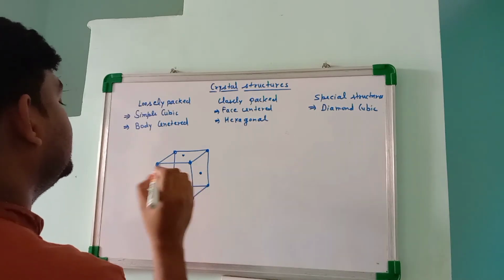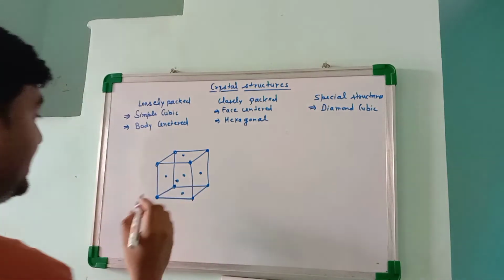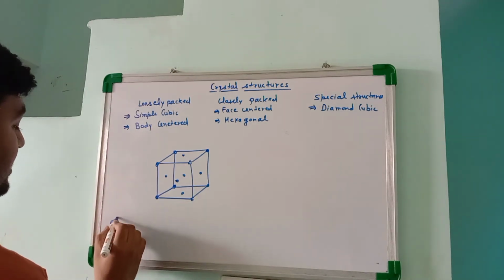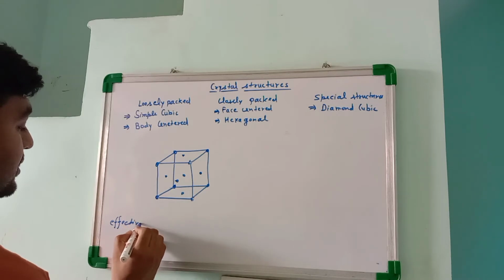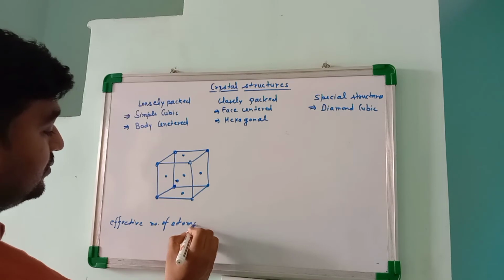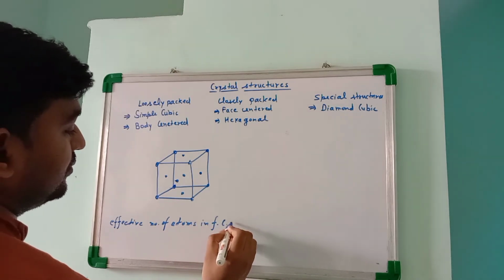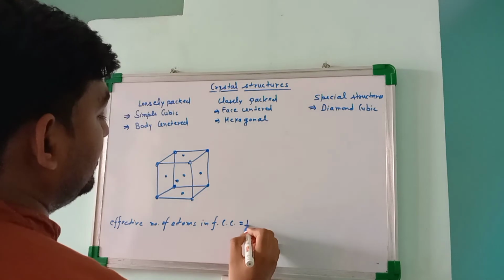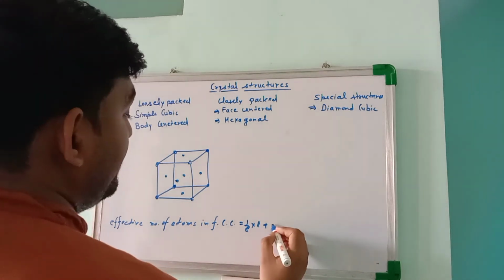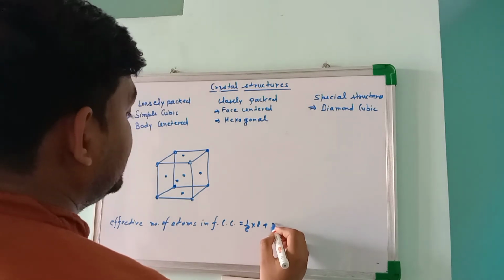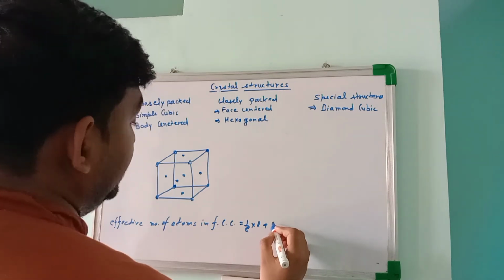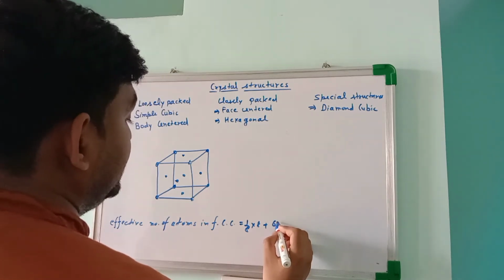So the effective number of atoms in the face centered cell is 1/8 into 8 plus, because 6 atoms contribute half each, 6 into 1/2.